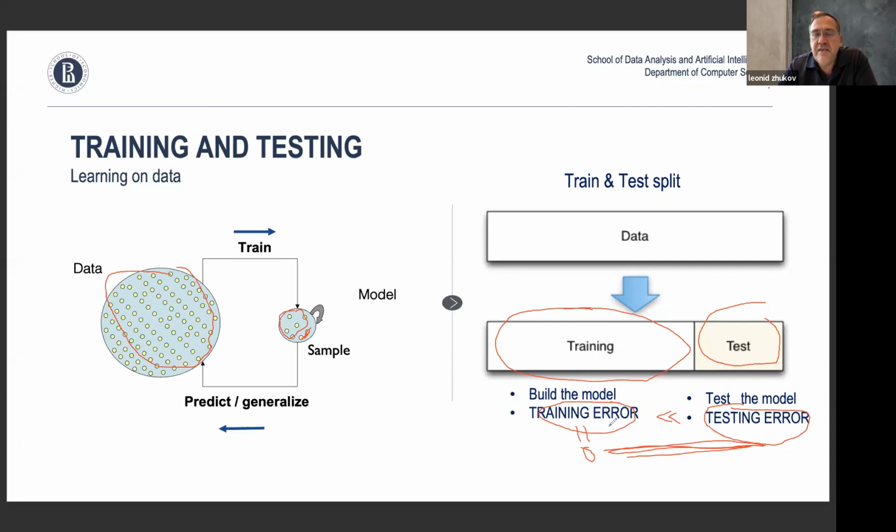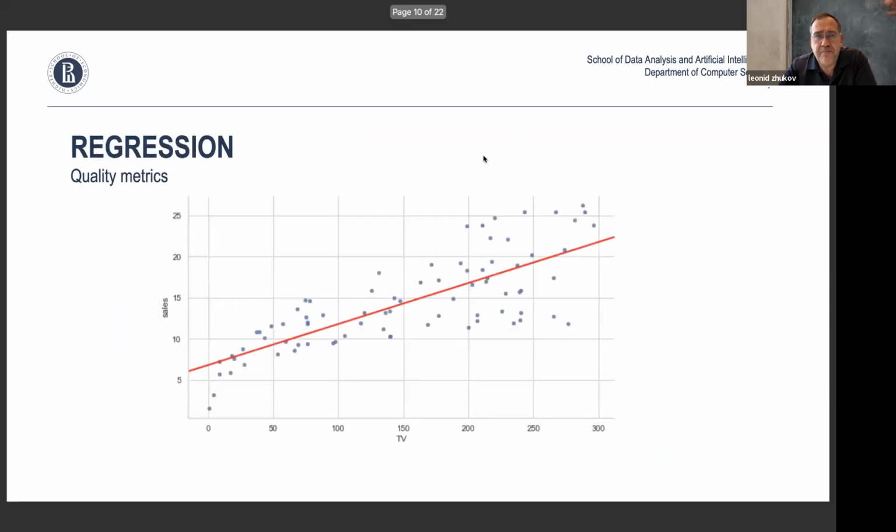So what you want is to keep some training error, and you want the testing error to be a little worse, but similar to the training error, and that's your optimal story. We're going to talk about it on examples on the next several slides, but this is probably the most important part for the entire supervised learning: how to handle the errors and this whole train test paradigm.